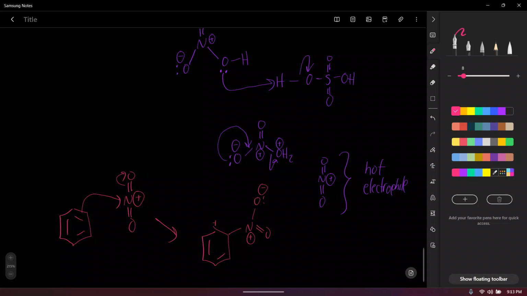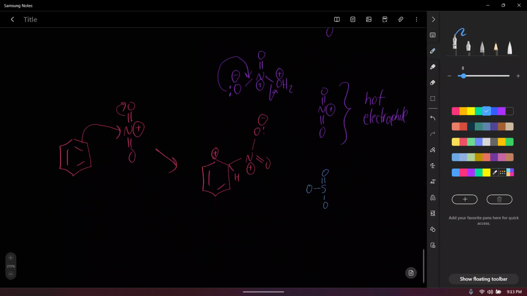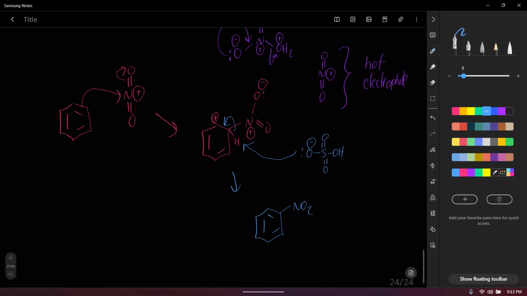And of course, step 3. All right. I'm going to regenerate my catalyst. So I'm going to deprotonate to restore aromaticity. Okay. And that, of course, gets me my final product. Right? Sound good? Okay. All right.